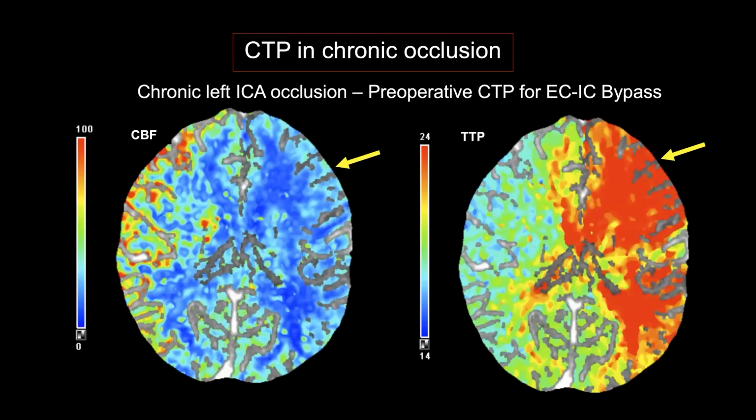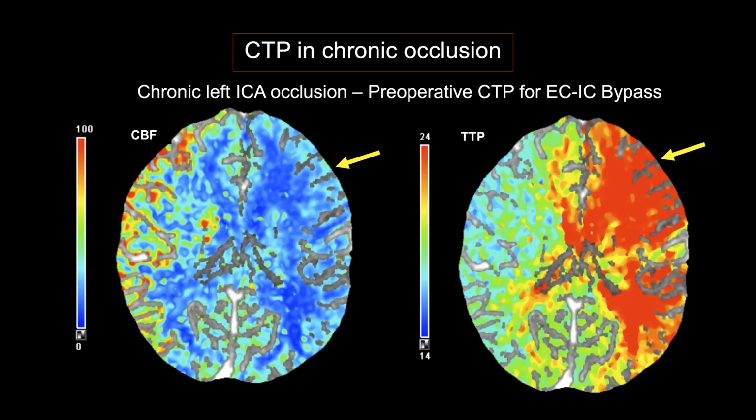This is another example. This is a patient, in fact, a preoperative CT perfusion for EC-IC bypass. So this is not even an acute code stroke. But if I look at my CBF and time to peak maps, they're clearly abnormal. The CBF is decreased, and there is a large area of abnormal perfusion. It is critically hypoperfused in that time to peak.